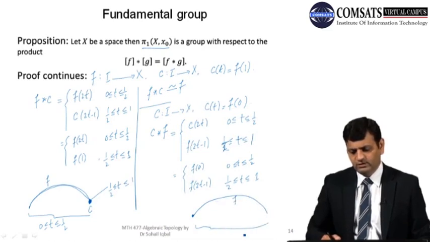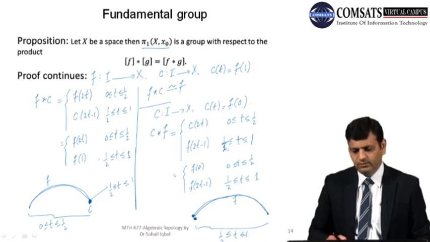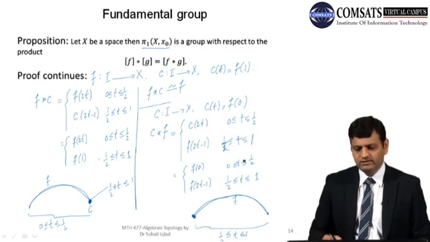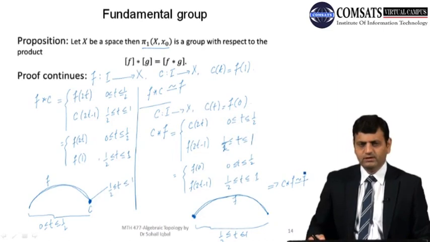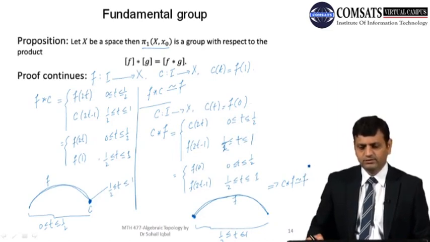So eventually I'm getting the path f. Once again this c star f is a reparameterization of the path f. So we can say that c star f is homotopic to f relative to the set I dot.